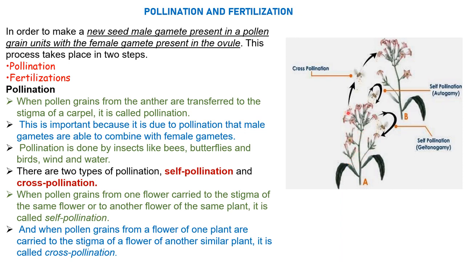In cross-pollination, as you can see, here the pollen grains which are present on the flower transfer to the stigma of the other flower which is present on another plant. So the two different plants are part of cross-pollination. In cross-pollination there are two different plants, and of course the flowers have to be of the same species, right.